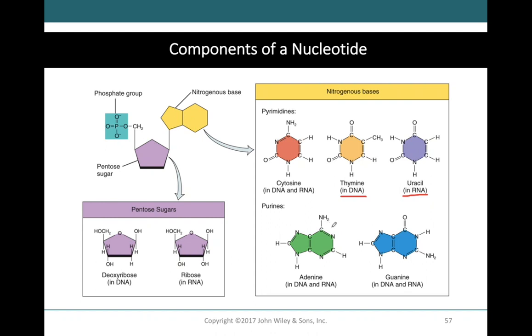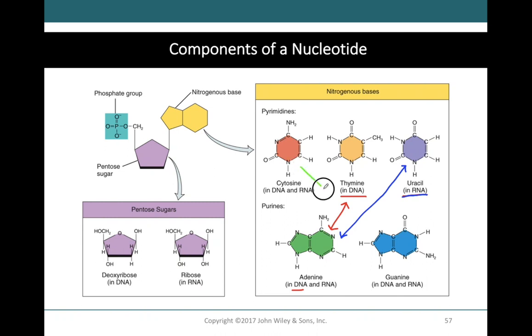So again, adenine in DNA will always bind to thymine, and thymine will always bind to adenine. That is in DNA only. However, in RNA, adenine will always bind to uracil, and uracil will always bind to adenine. So in RNA here, we will always have A binding to U, and in DNA we'll have A binding to T.